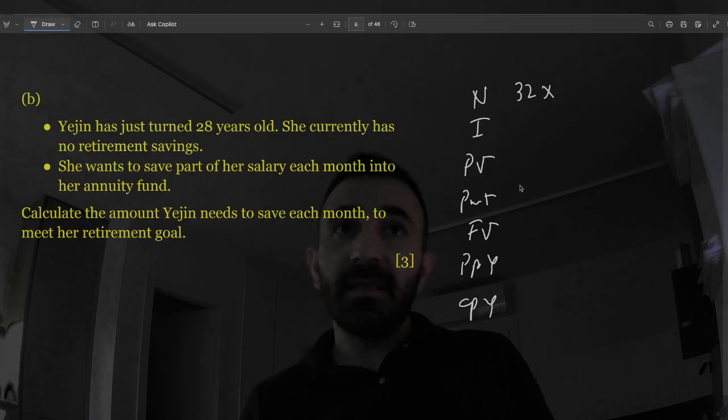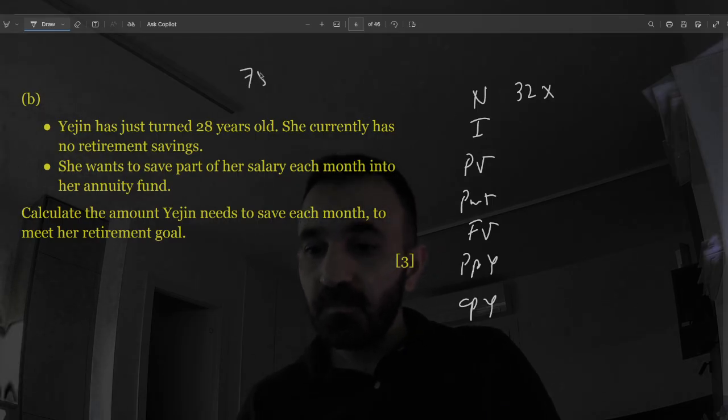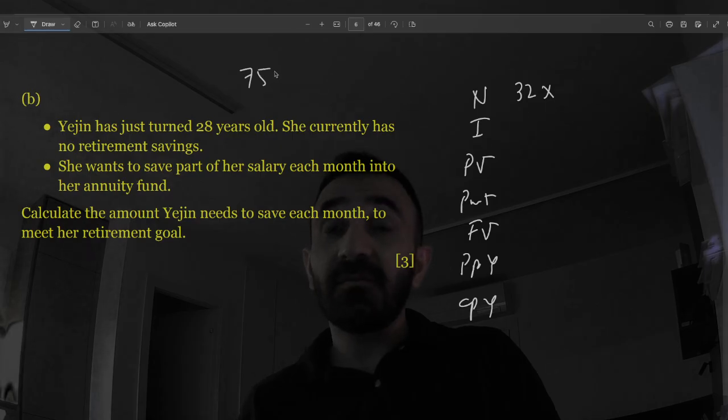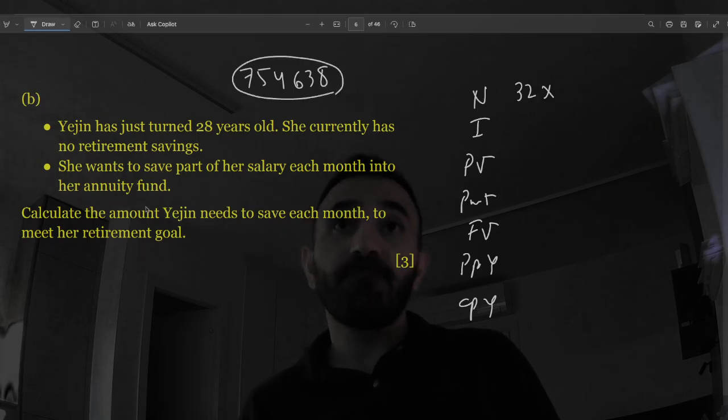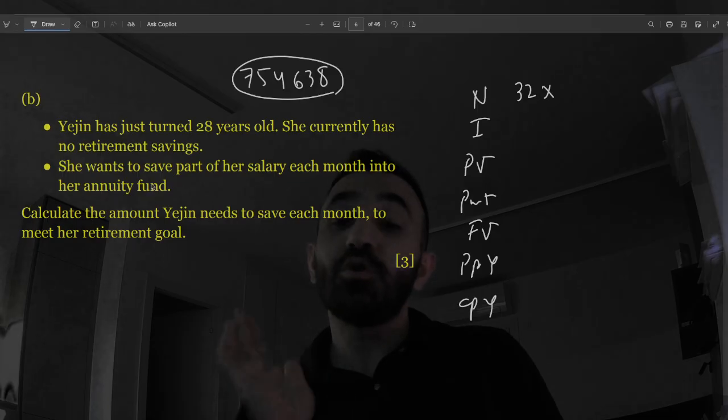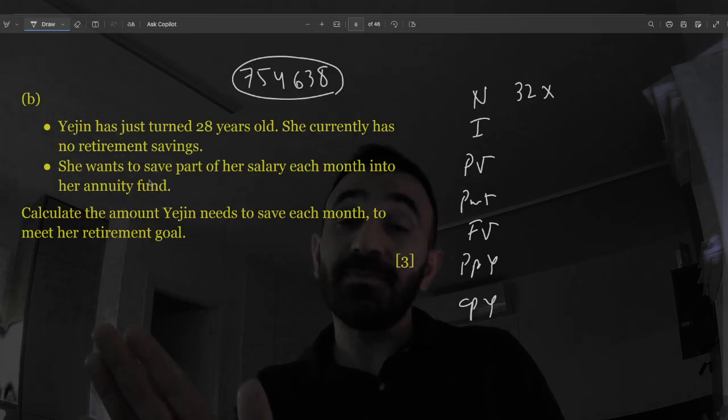What was the amount of money? 754,638. I need this amount of money when I'm 60 years old to invest into the annuity plan.